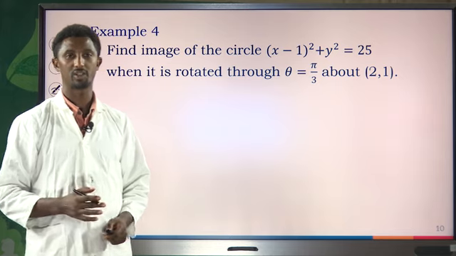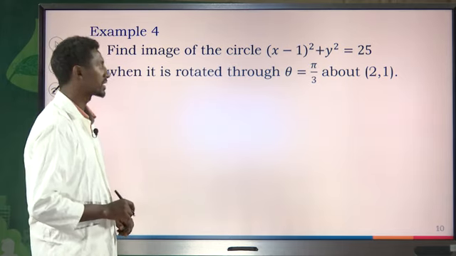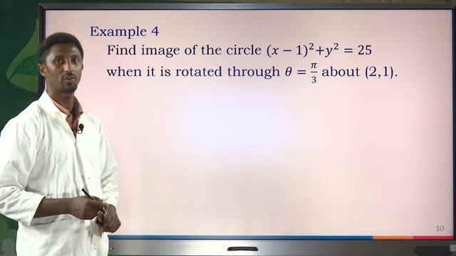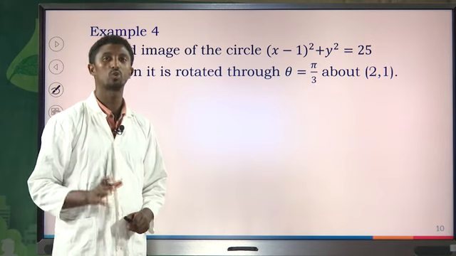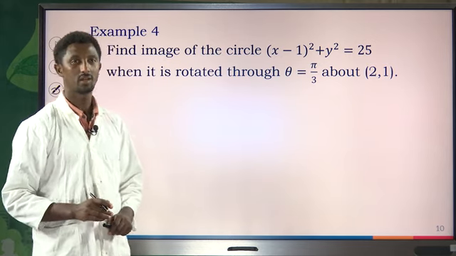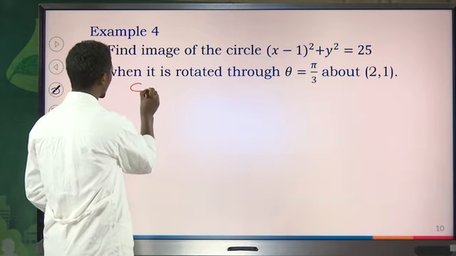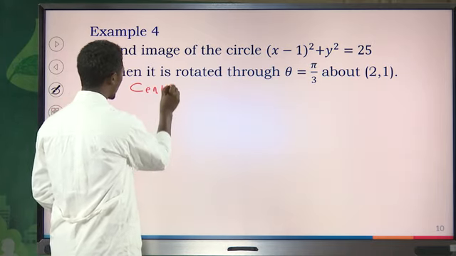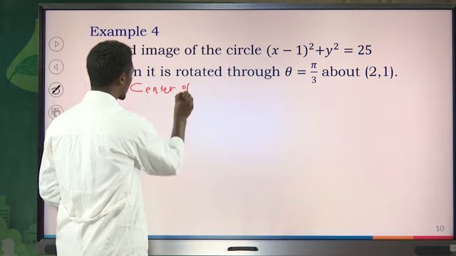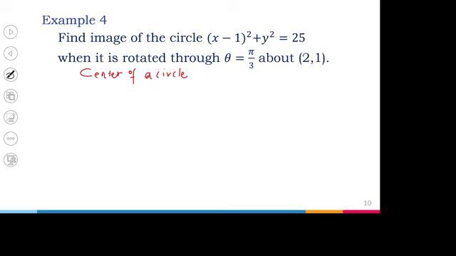The only difference is the position of the given circle. So to find the image of a circle, it's enough to find only the image of its center. So what is the center of the circle here?